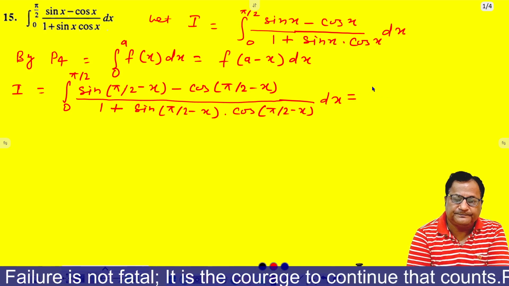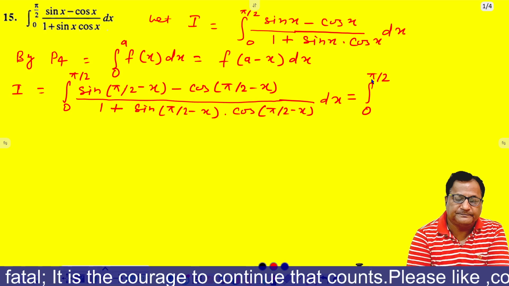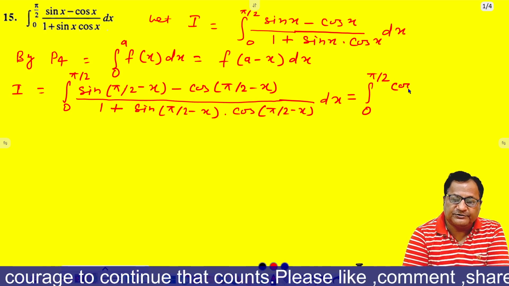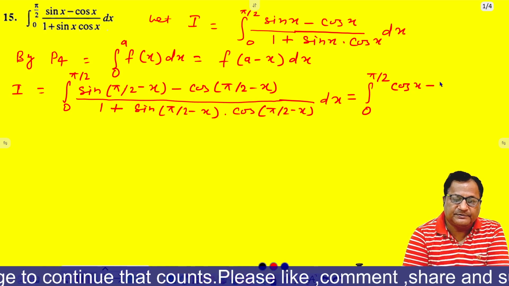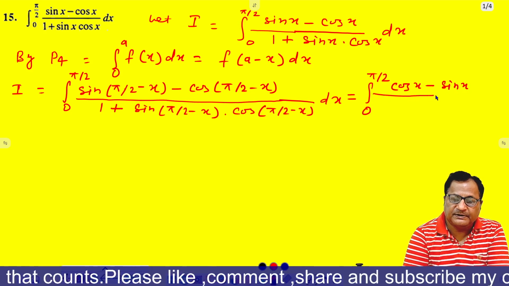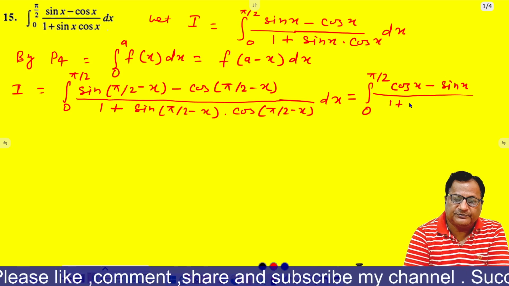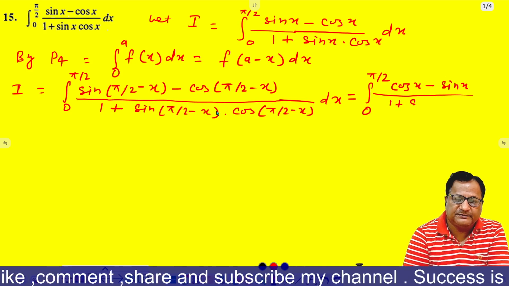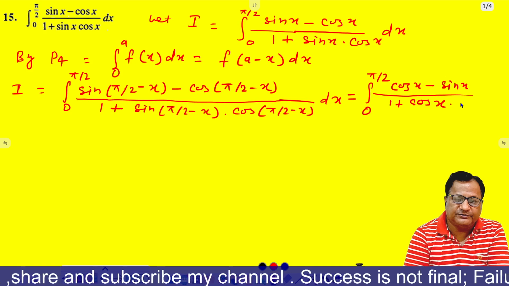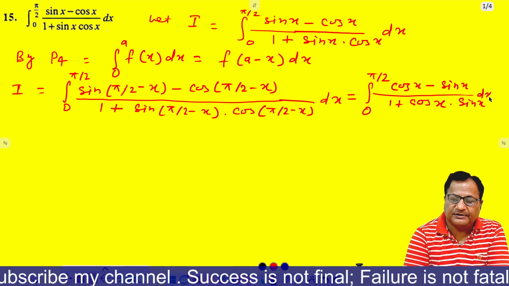This will be the integral from 0 to pi by 2 of sine pi by 2 minus x is cos x, and this is minus sin x, divided by 1 plus sine pi by 2 minus x, which is cos x, into cos pi by 2 minus x, this is sin x, dx.